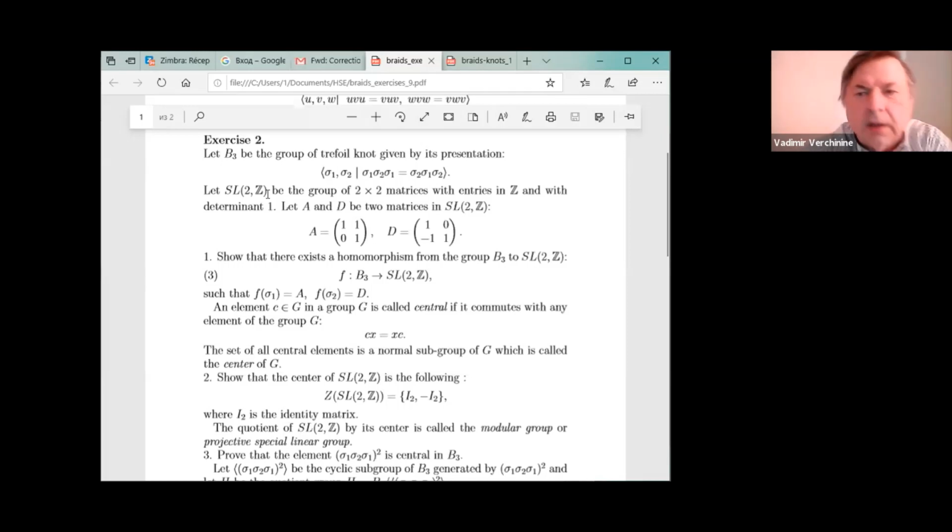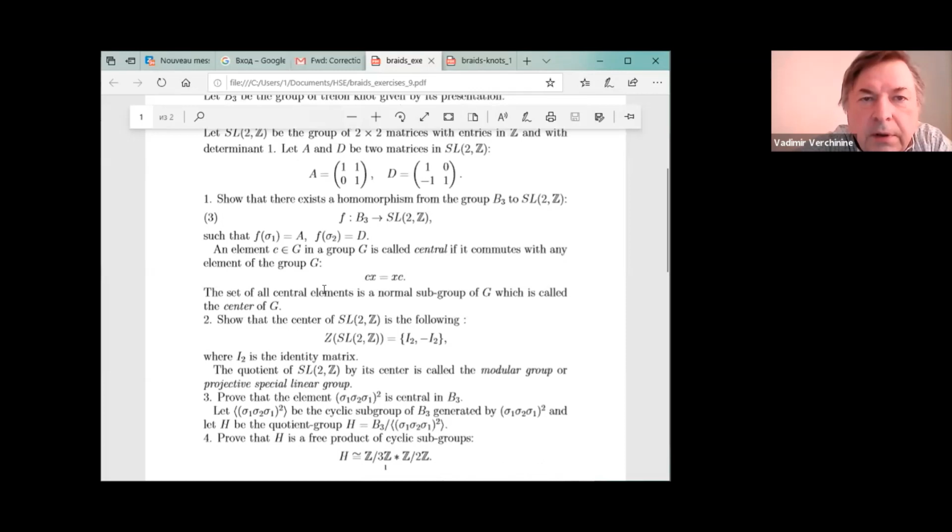For each matrix we can find its inverse, and of course you have the unit matrix. Very good. Let us consider the 2 following matrices. Of course, you see that they have determinant 1.